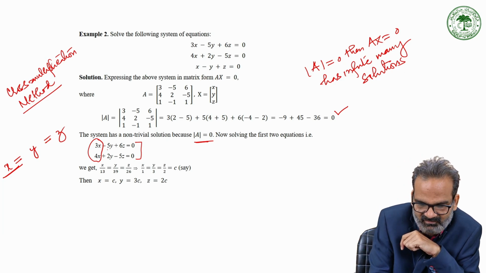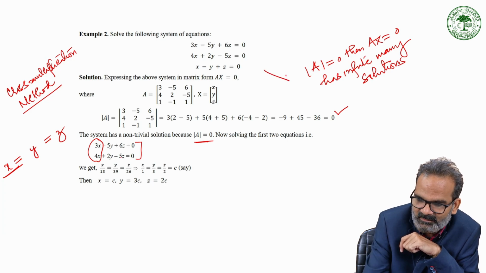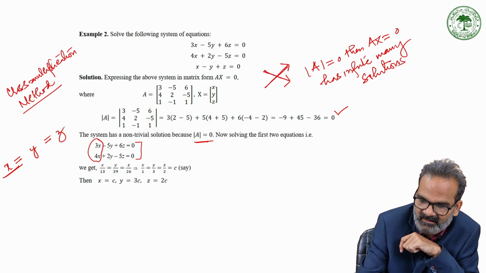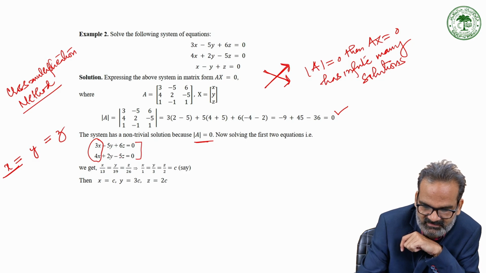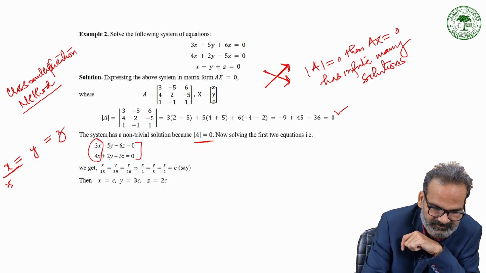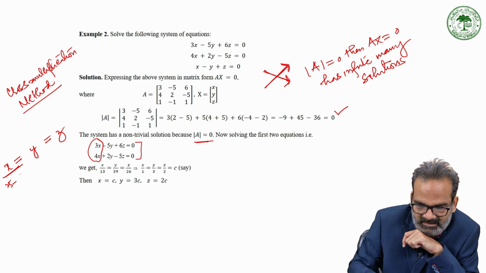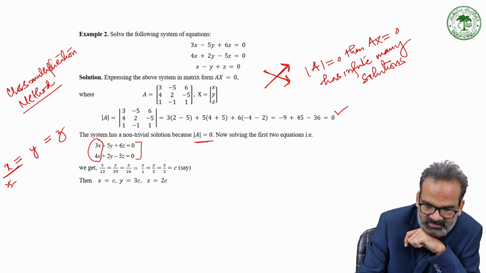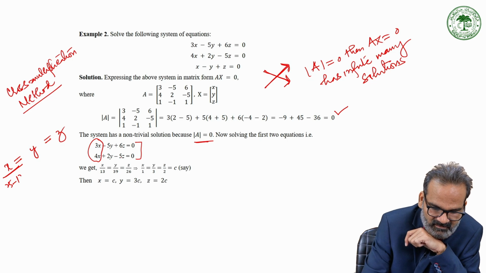The coefficient of y is -5 here, multiply this with -5. The coefficients of y and z should be cross multiplied like this, this minus this. So -5 into -5, that is 25, minus 2 into 6, that is 12. 25 minus 12, what will we get?